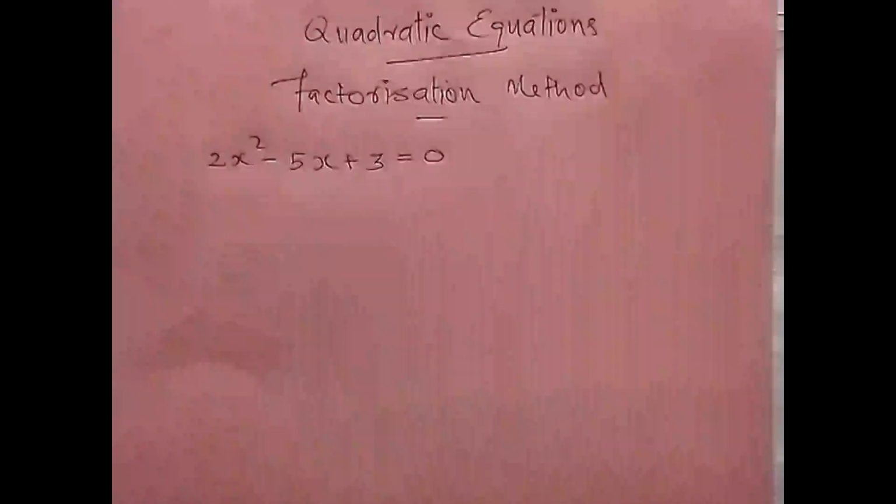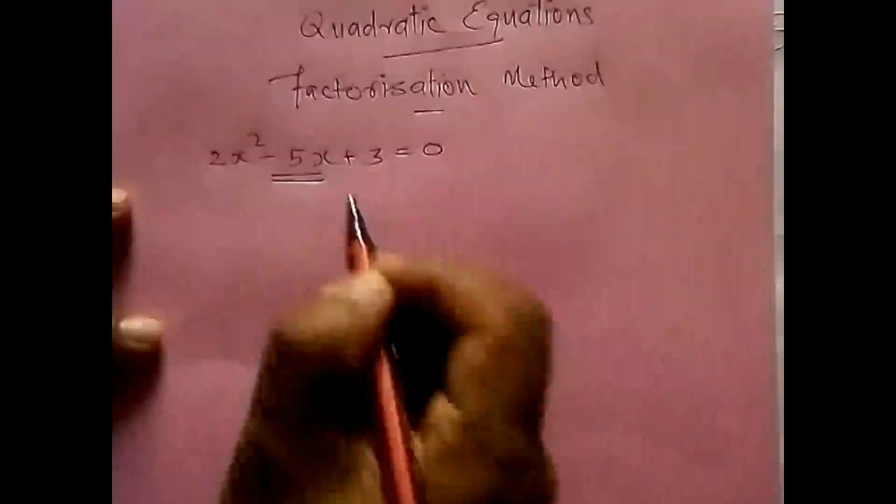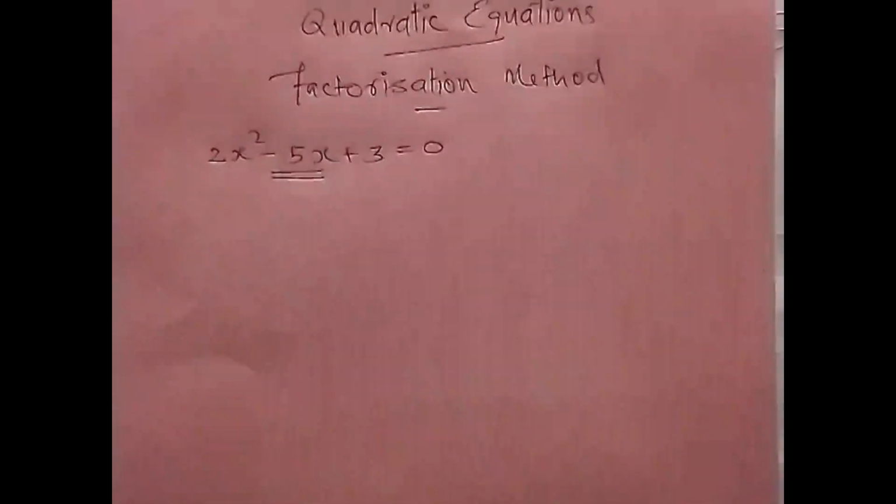In the factorization method, or splitting the middle term method, we will be concentrating on the middle term, and we will try to split the middle term in such a way that this quadratic equation can be represented as the product of two factors. We will discuss how to do it in an easy way.